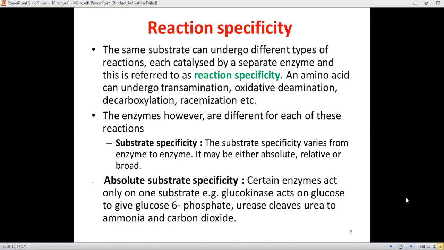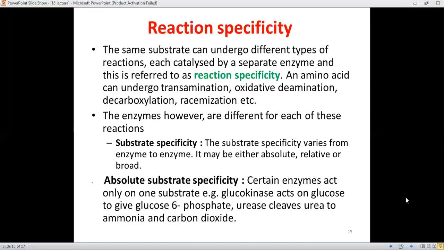And substrate specificity varies from enzyme to enzyme. It may be either absolute, relative, or broad. It means how the enzyme will pick up or choose the substrate. Absolute substrate specificity means that a certain enzyme acts only on one substrate, like glucokinase.